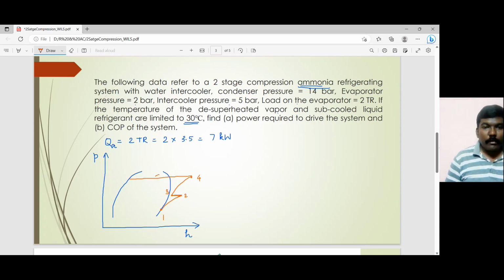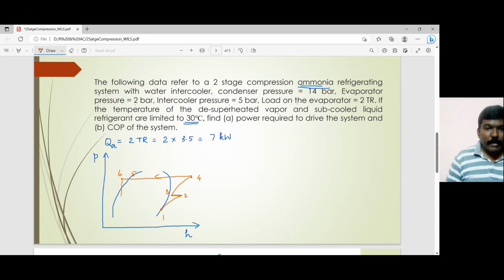And then I have 4, 5, which is condensation. So let me write 5 over here. This is my 5. And then you also have a liquid subcooler, so it is subcooled to point number 6.